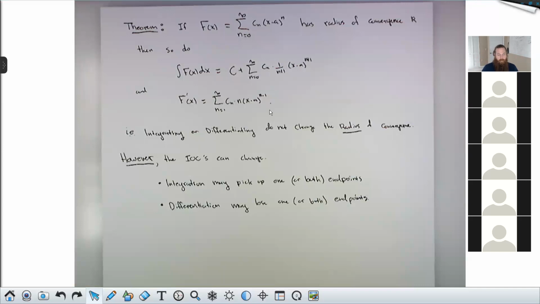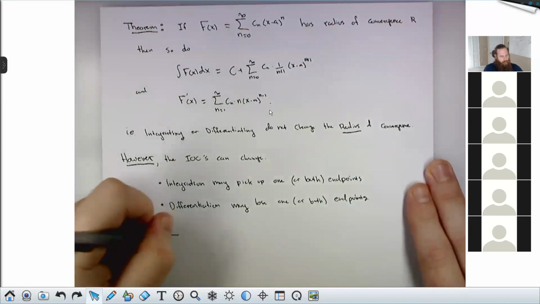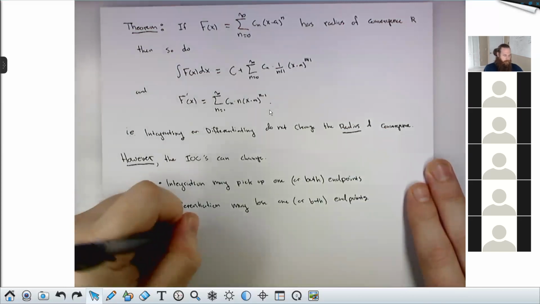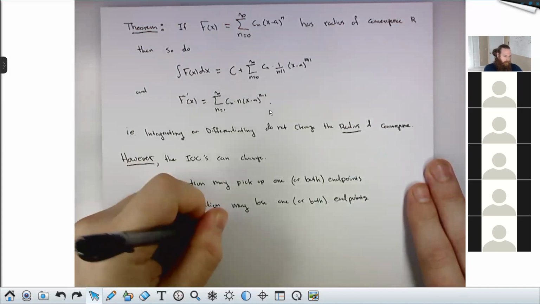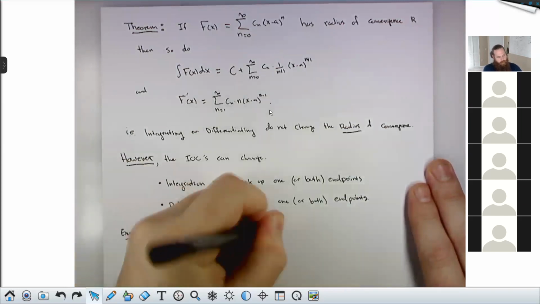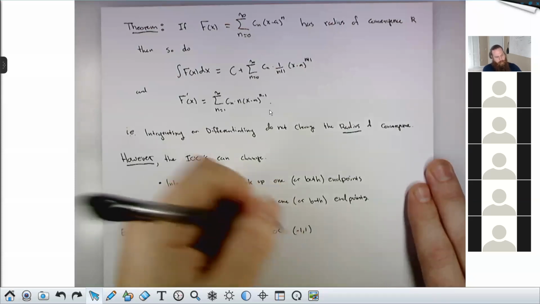We've actually seen an example of this already. The function 1 over 1 plus x squared, remember, has power series sigma n from 0 to infinity, (-1) to the n, x to the 2n. This has IOC open from negative 1 to 1.